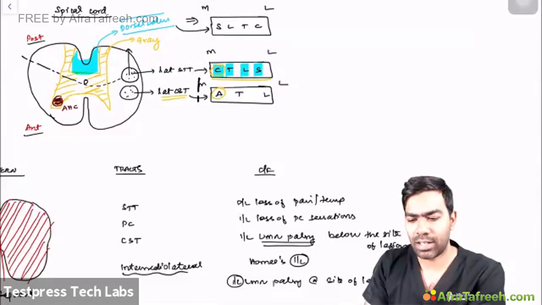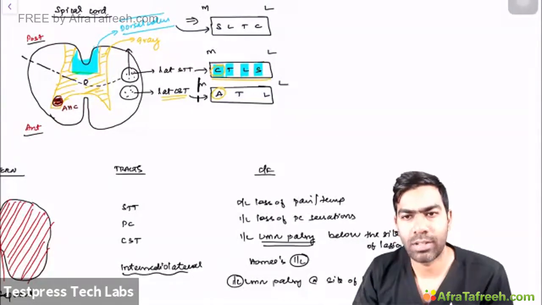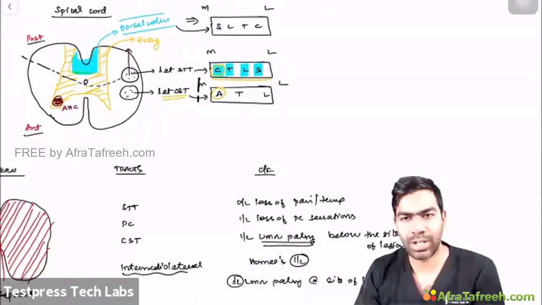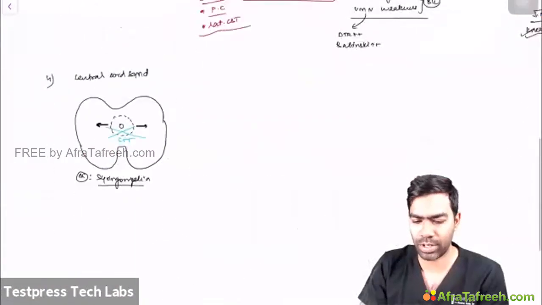As the central canal keeps on expanding, it will produce a descending kind of weakness or an ascending kind of weakness? As it keeps expanding, it's going to produce a descending kind of weakness and not ascending kind of weakness. So that's a very important point to note here.